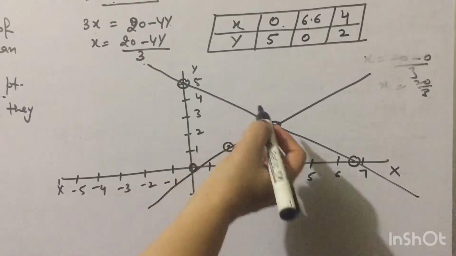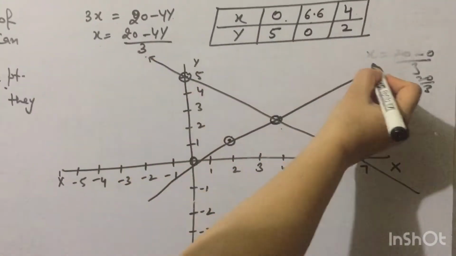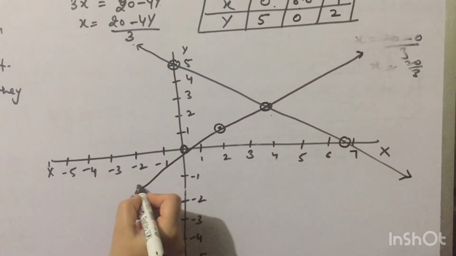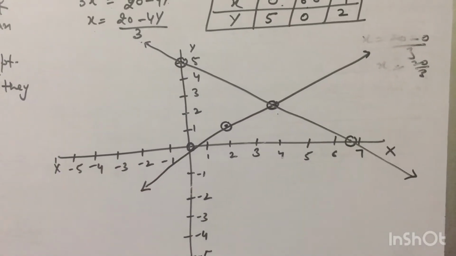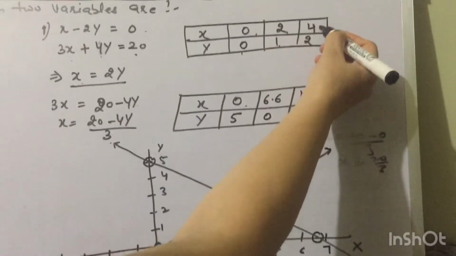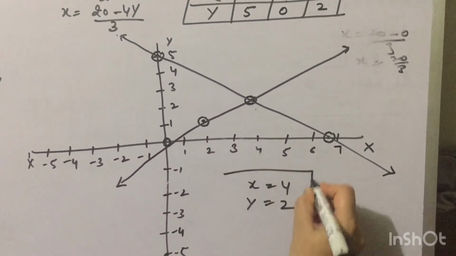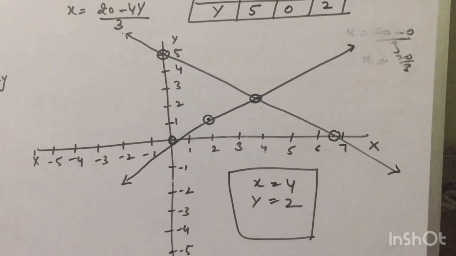So these two lines intersect at a point. Therefore the two linear equations have a unique solution. The value of x is 4 and the value of y is 2.